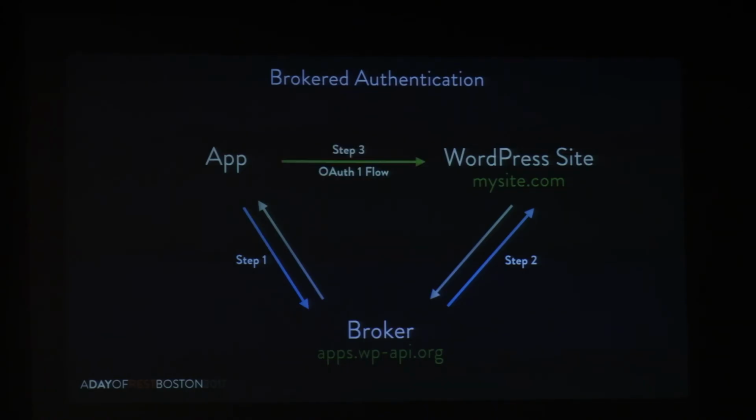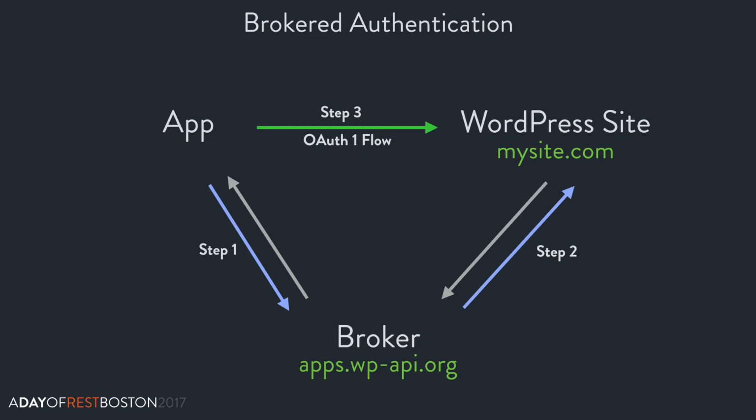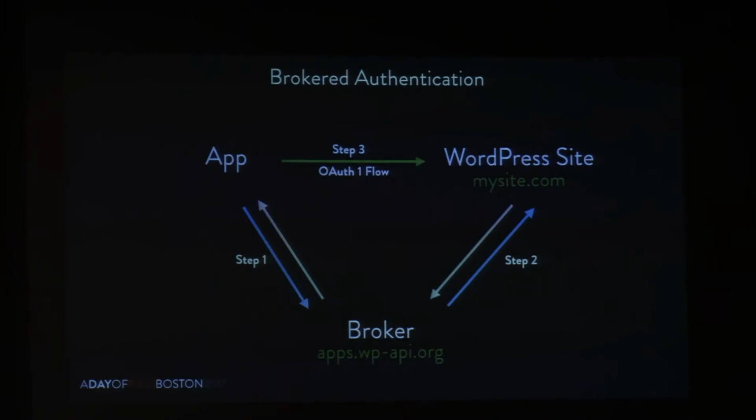So all we've done here is the initial bootstrap of having some key and secret to be able to communicate with a WordPress site directly. After that, then the app can just do the normal WordPress OAuth 1 flow and get the user's permission by redirecting them there, generate a token, get the access token, all of that type of stuff.